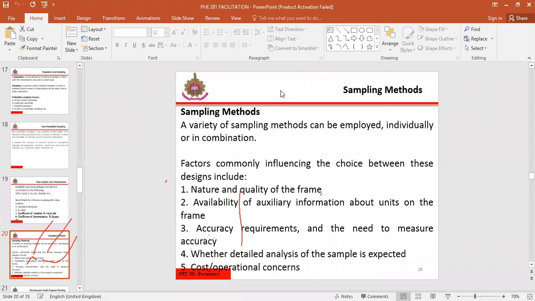Now, sampling methods. There are a variety of sampling methods that can be employed individually or in combination, just like I've categorized them earlier: probability sampling and non-probability sampling.